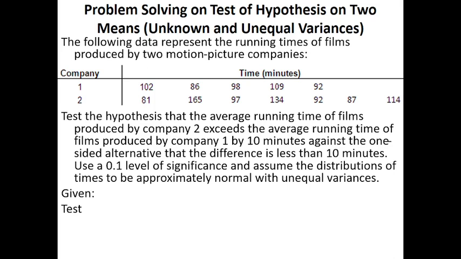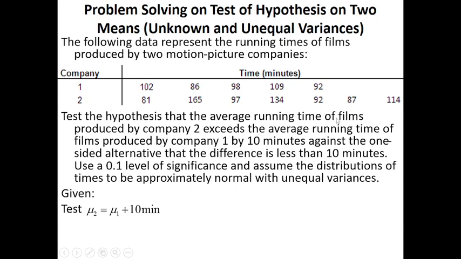So we are going to test the claim that mu sub 2 equals mu sub 1 plus 10 minutes. How did we arrive at that? According to the problem, we test the hypothesis about the average running time of films, which refers to the population.